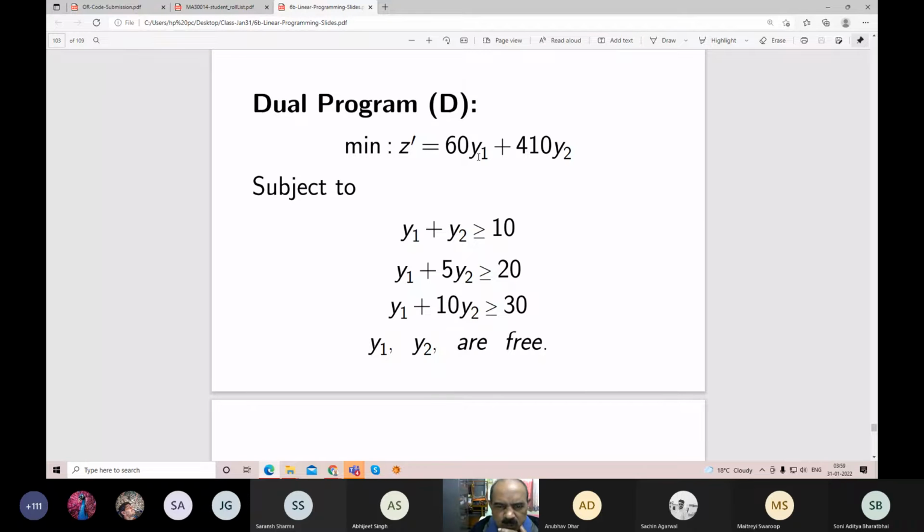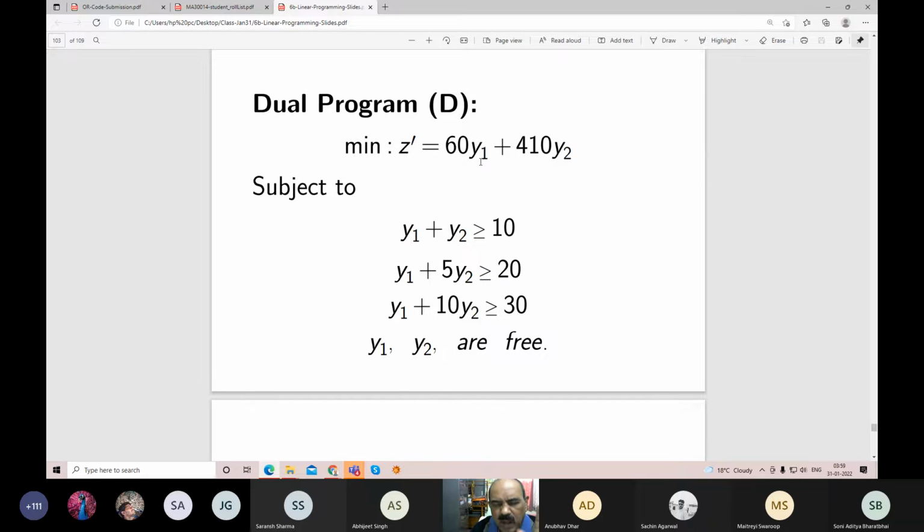Change y1 equal to y3 minus y4, y2 equal to y5 minus y6, let us say. So this y1, y2, we will express in terms of 4 variables, y3, y4, y5, y6, where all the 4 variables are non-negative.